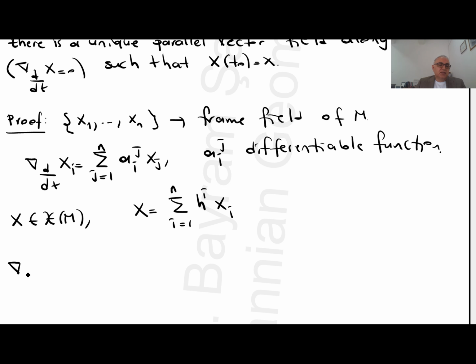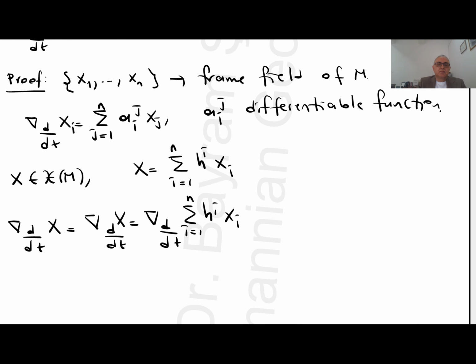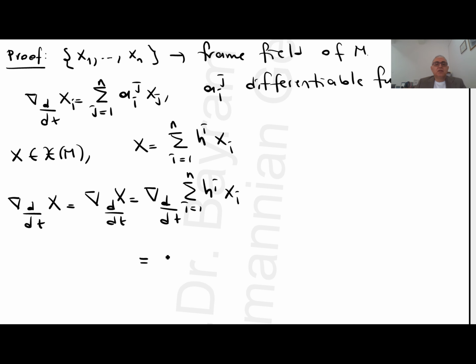Now let me write this one. So you can write the sum of h_i x_i. Now apply the rule of the linear connections. Then we have d h_i/dt x_i plus h_i D/dt x_i.